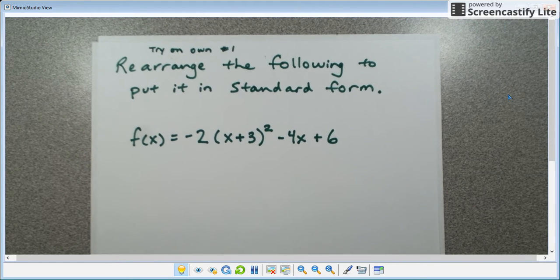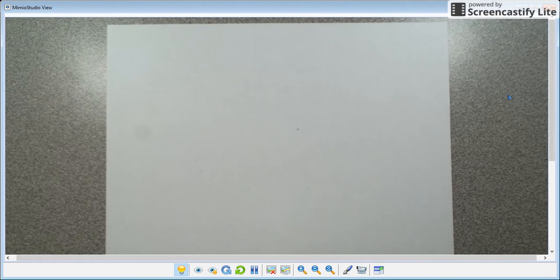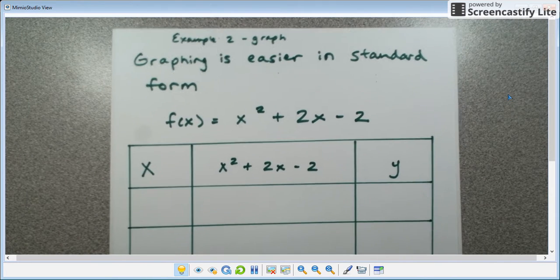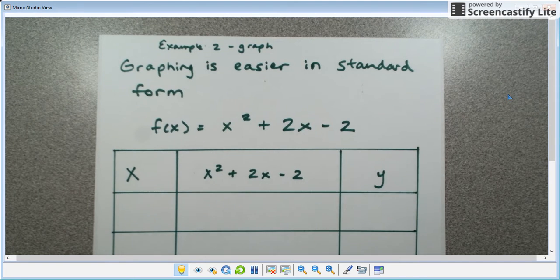All right, so one of the reasons that it is important to get it into standard form is that standard form makes it a lot easier to graph. If it's in standard form, then we can easily put in our values for x's and y's and get data points that we can then use on a graph. So we have another quadratic function there.